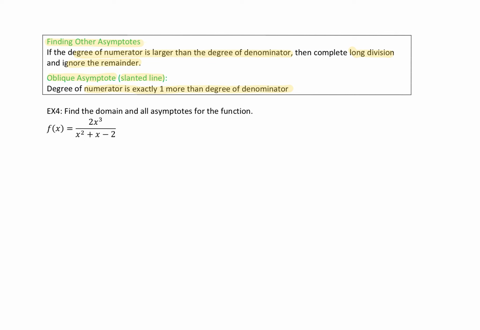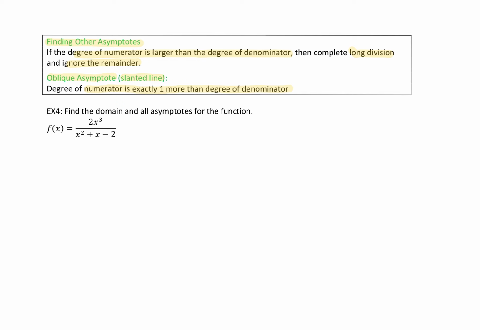And like in example 4 here, notice that we have an x to the third in the numerator, but an x squared in the denominator. So the x to the third is one more than the x squared. We will have an oblique asymptote. In the event that you have an oblique asymptote, you will not have a horizontal asymptote. So you either have one or the other.